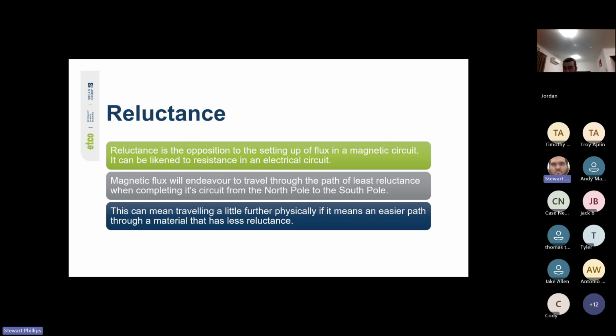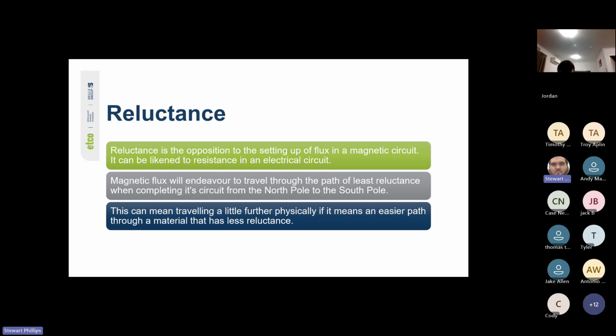So is this making sense, the idea of reluctance? Yeah, so one way to think about it is you've got a not very reluctant material bent over a more reluctant material.